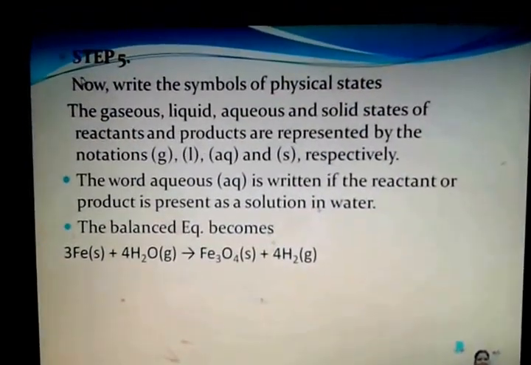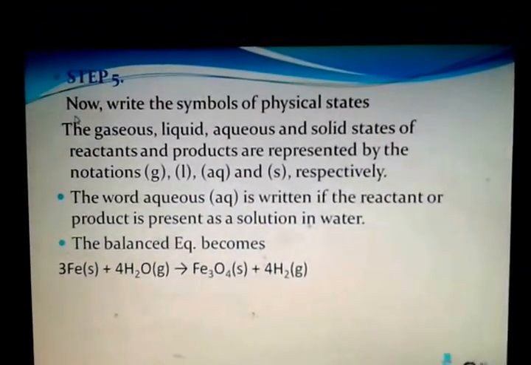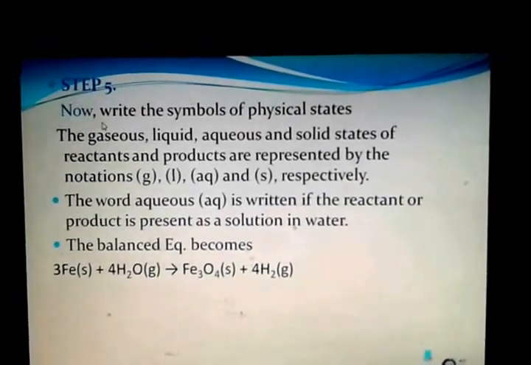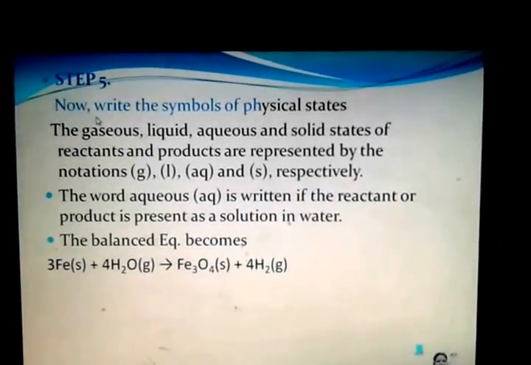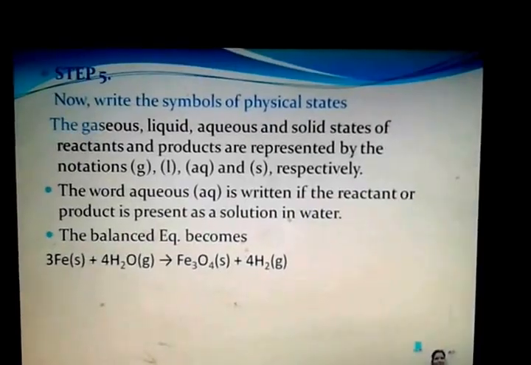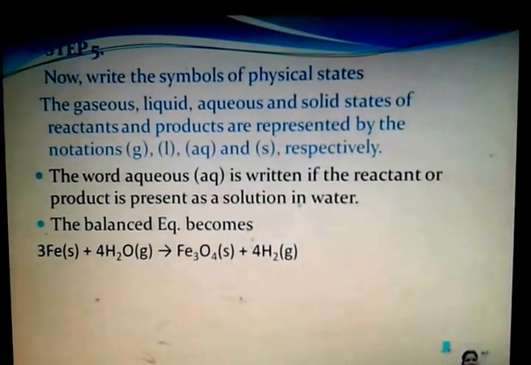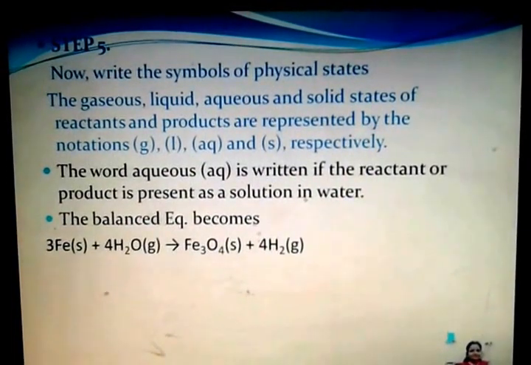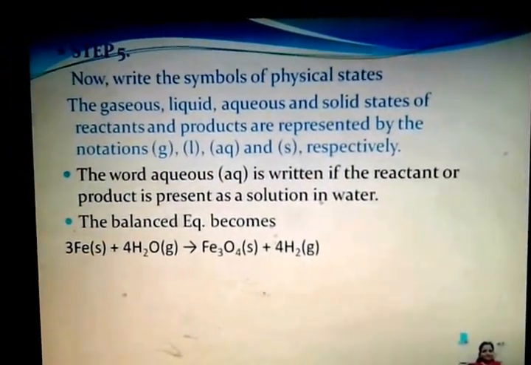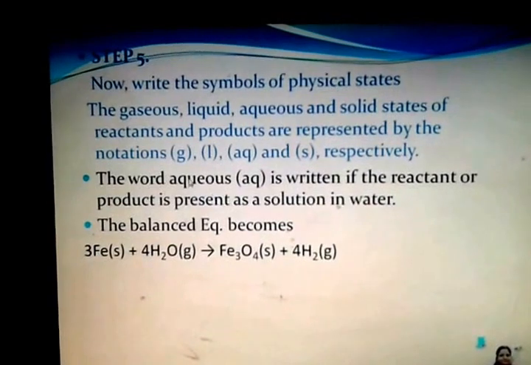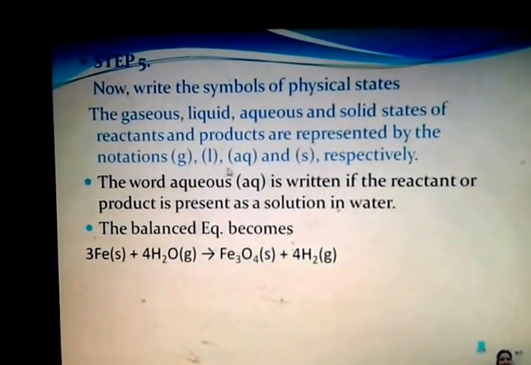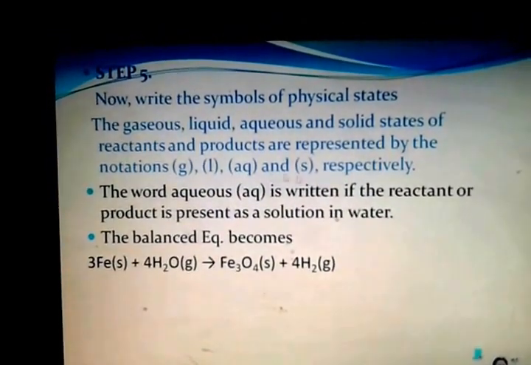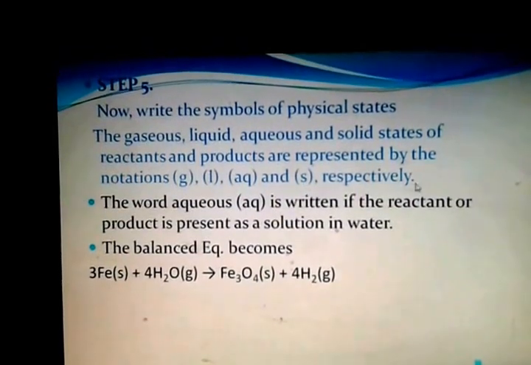So step 5. Now we write some letters in it. Write the symbols of the physical states of the reactants and products. The gaseous, liquid, aqueous and solid states are represented by the notation g for gases, l for liquid, aq for aqueous and s for solid respectively.